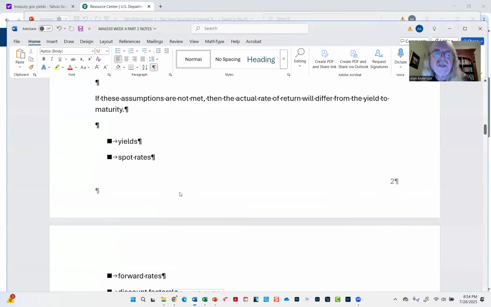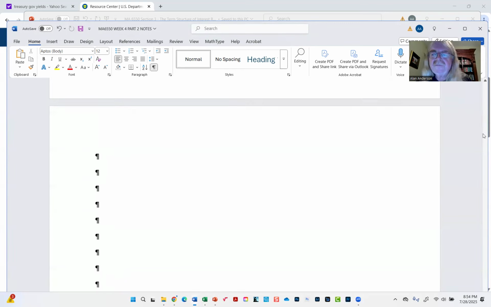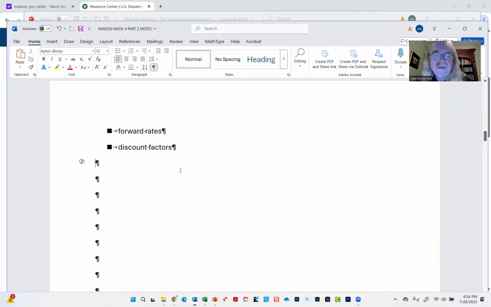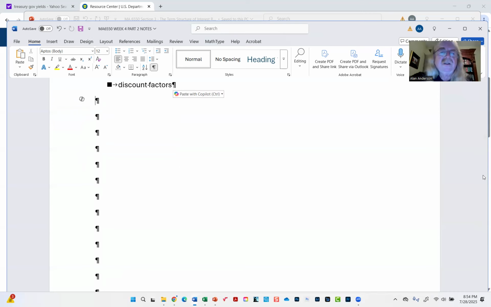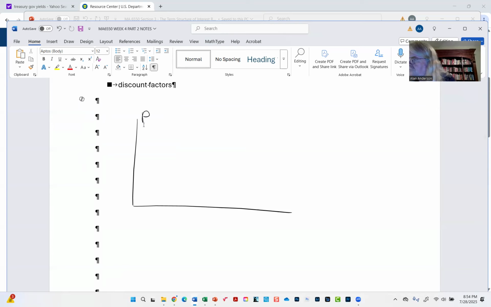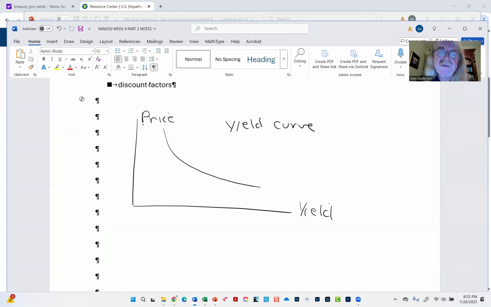There's only going to be that one rate. And you can see that in the yield curve, which, remember, is downward sloping and one to one, or monotonically decreasing. That's my yield curve. Because it is monotonically decreasing, that means there's going to be an inverse.